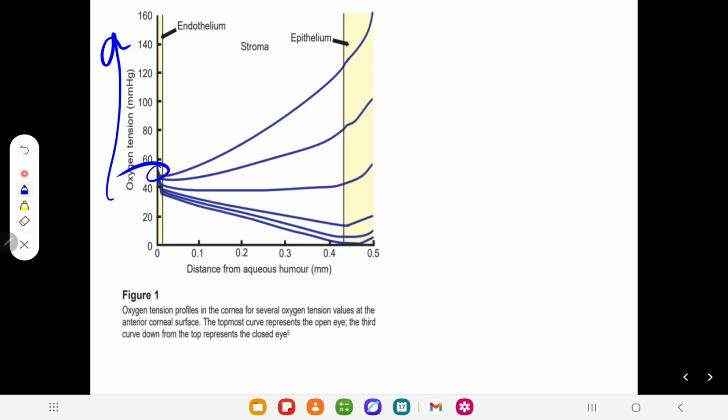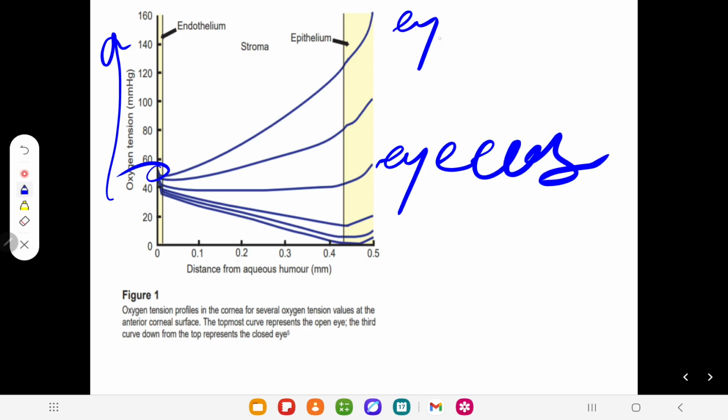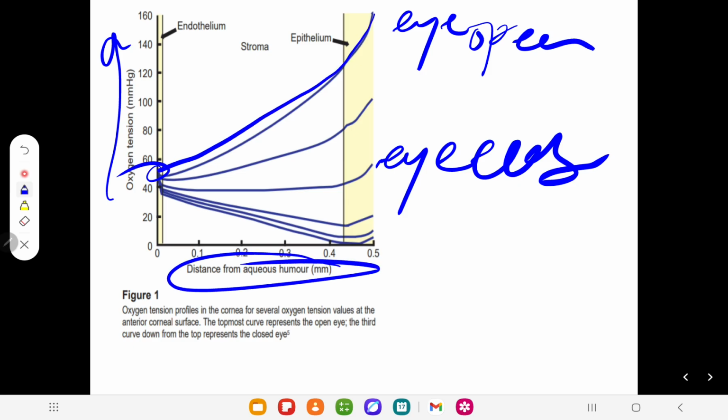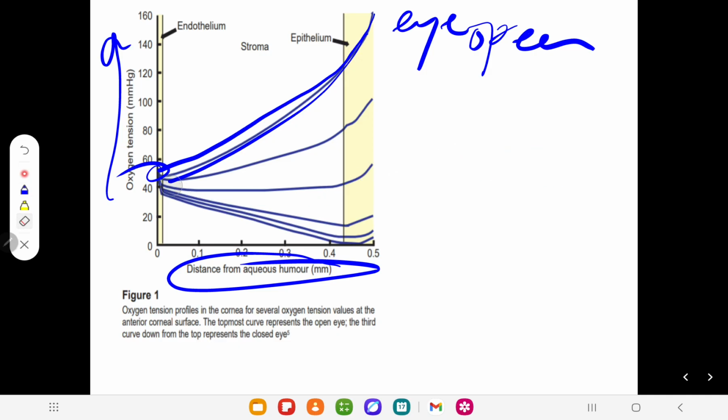The topmost curve represents the eye open, and the third curve down represents the eye closed. This is eye closed. This is eye open. Just understand how these things go, with the distance from aqueous humor. It's very important. How this graph goes and how that graph goes, just understand this graph is very important for you.